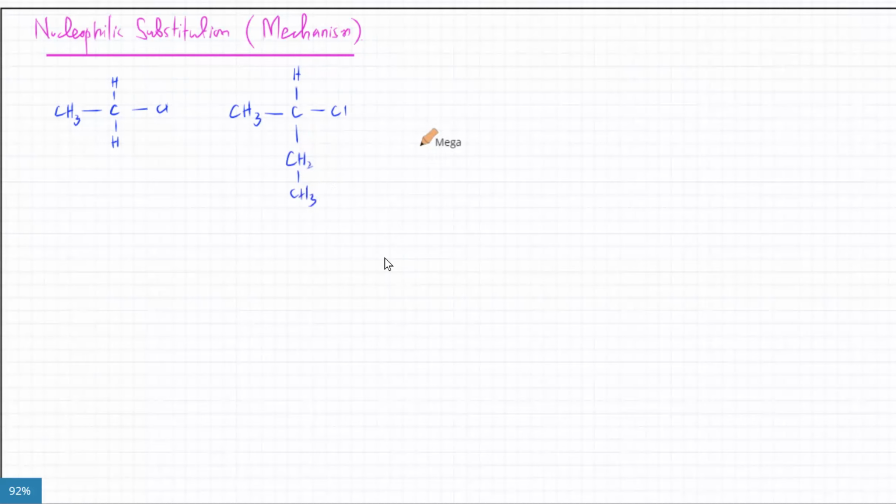And then you have a tertiary halogenoalkane. What would happen in that case is that the alpha carbon, the one that has Cl, would be bonded on all three sides by a carbon chain.